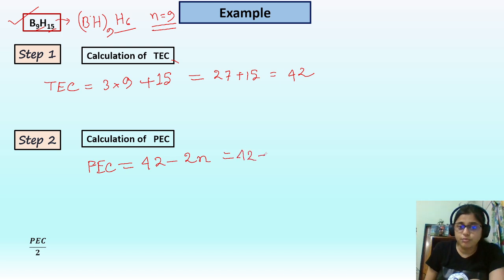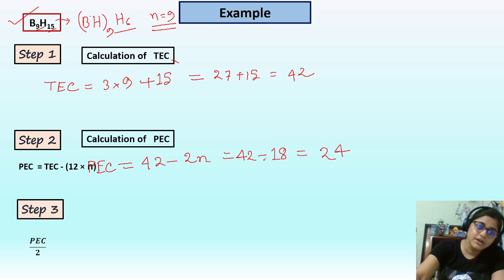So 42 minus 2 into 9 means 18. So this will be 24.